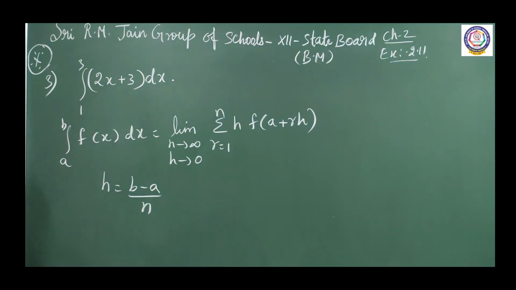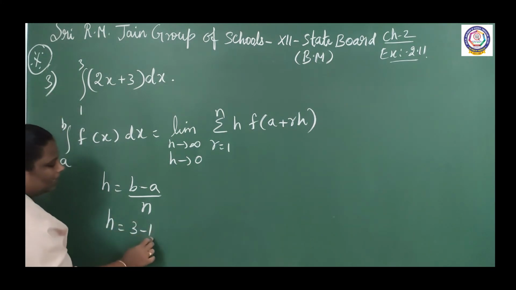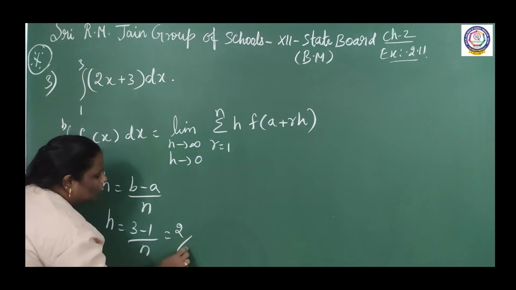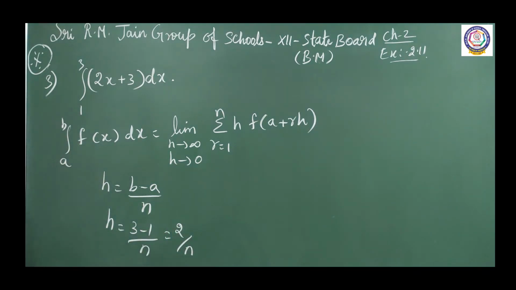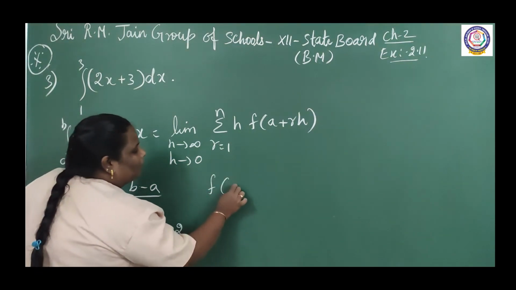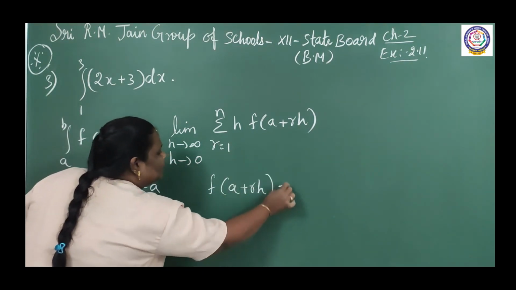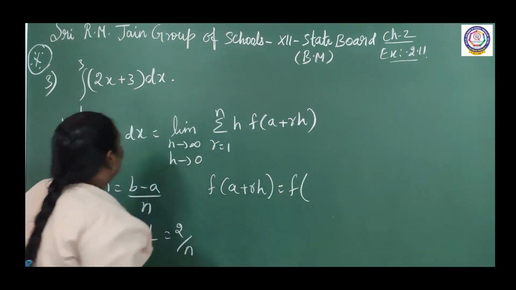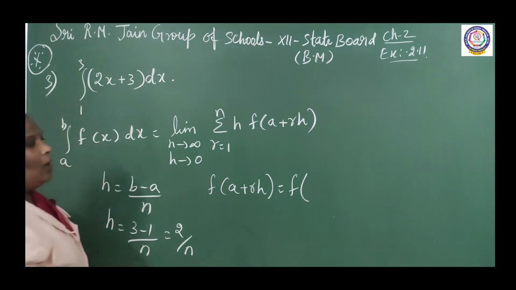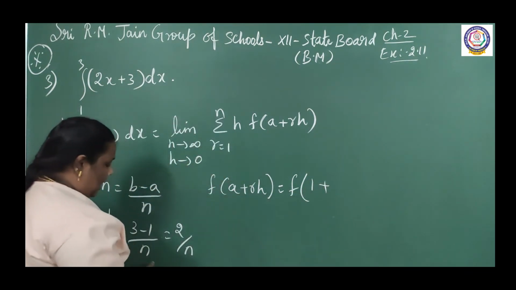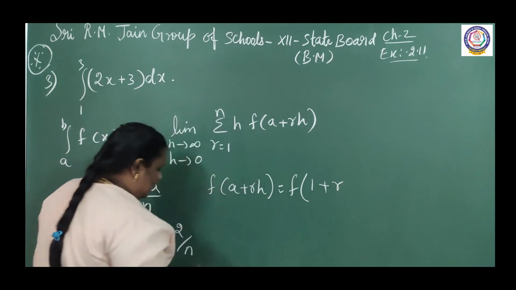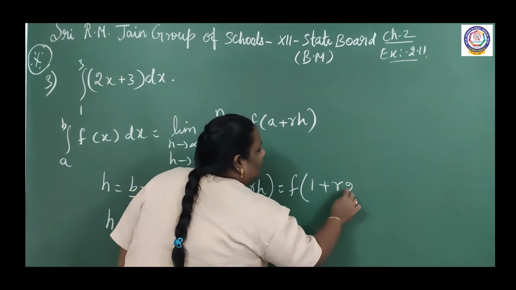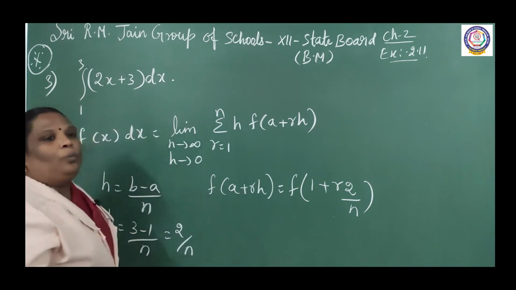What is the value of b? 3 minus 1 by n, it gives 2 by n. So then what is the next step? f of a plus r h: what is the value of a? 1, 1 plus r into h, and the h value is 2 by n.